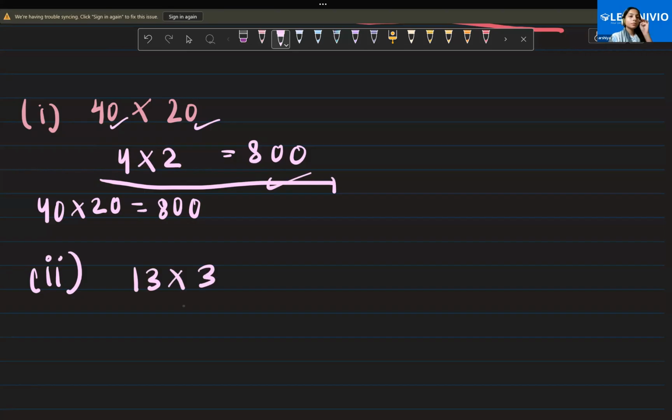Should I wait? In the book it's written 40 times 20 is equal to 800. Yes, 800 is the correct answer. By mistake you said 80.